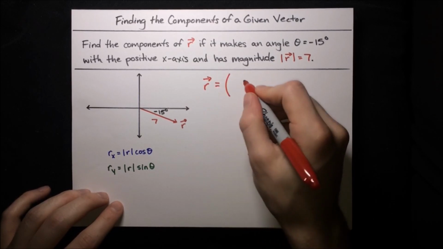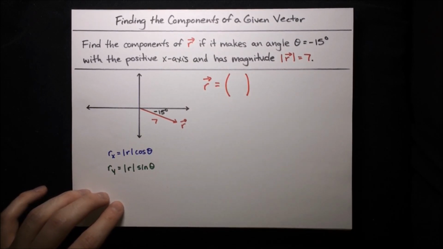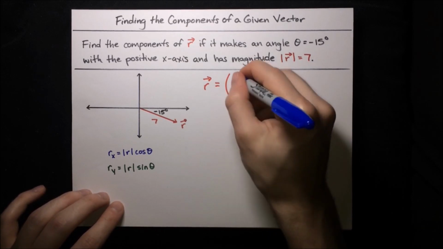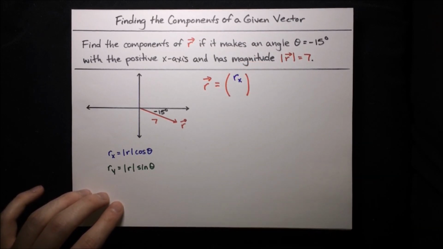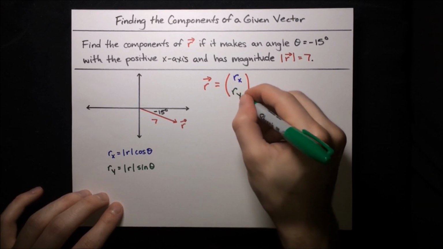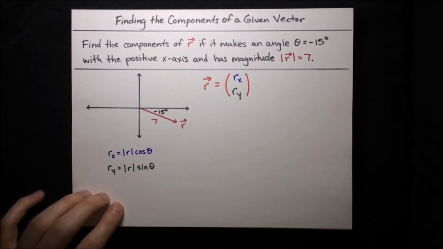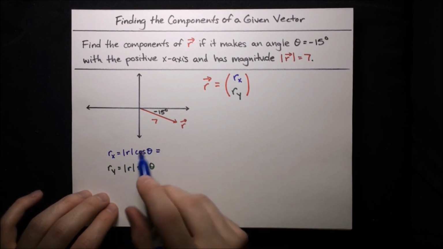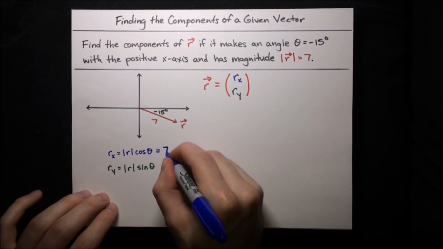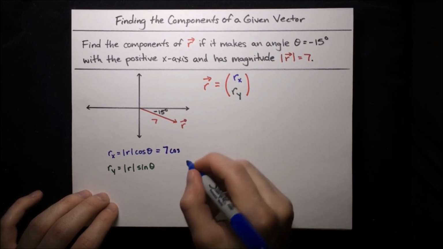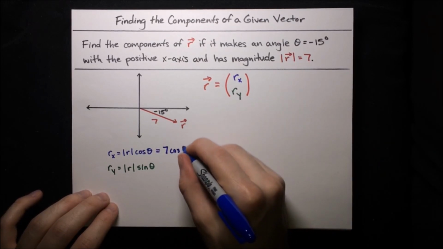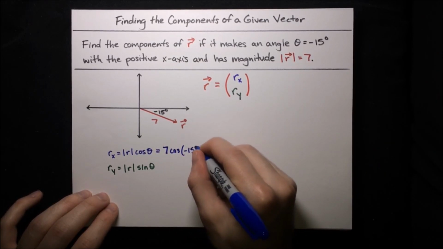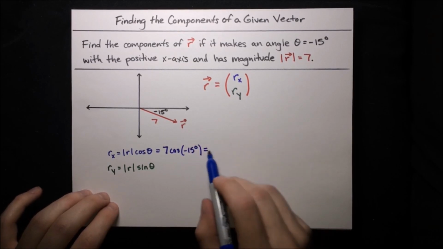So r, we want to put that in component form. Components consist of rx, the x component, and ry, the y component. And then to find the x and y components, we just plug those into our formula. So plug the magnitude in, magnitude is 7, and then cos of theta is cos of negative 15 degrees, and then we just punch that in our calculator.